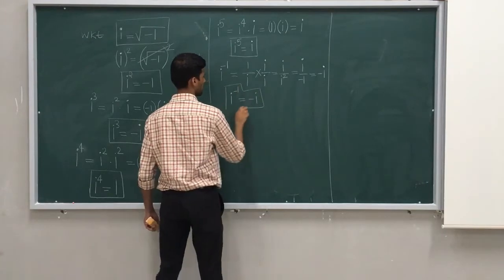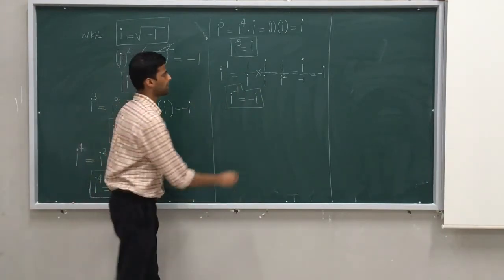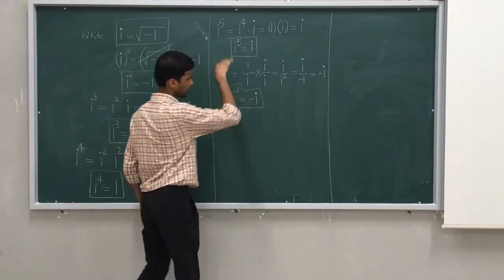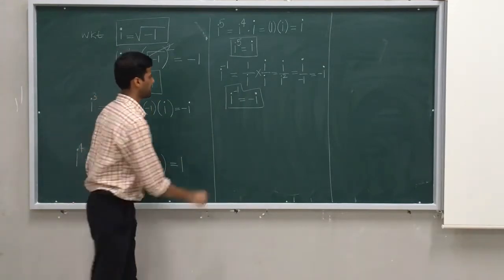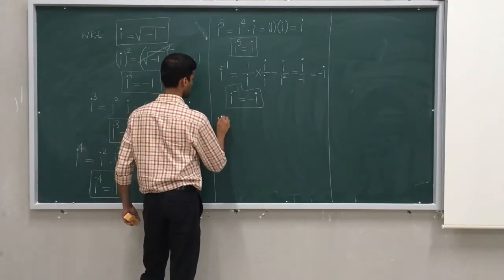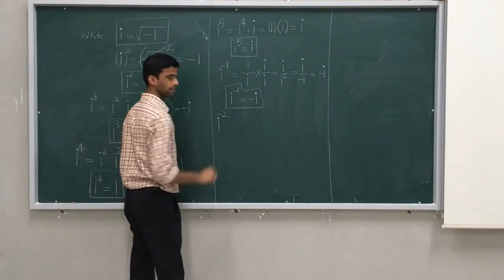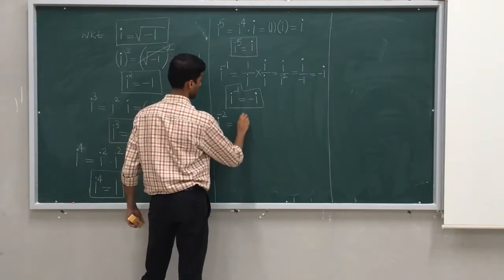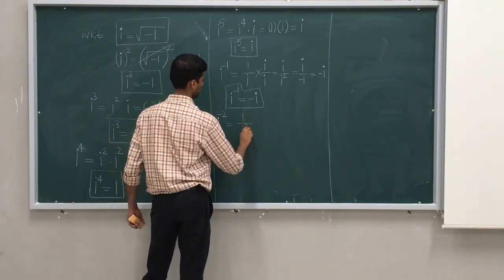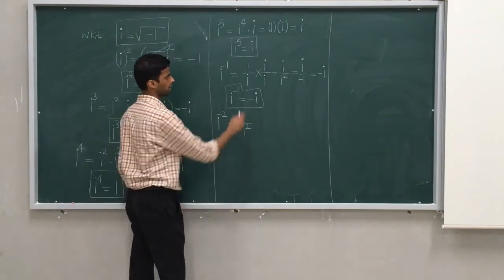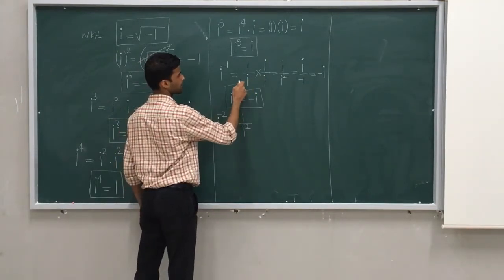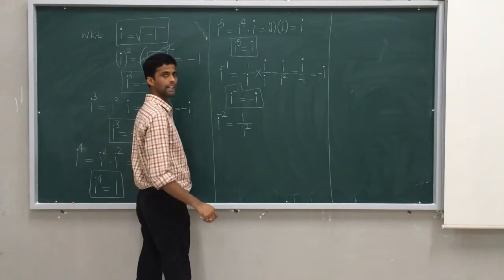Keep this in mind. It is possible because of the basics we did. Then similarly, if you have i to the power minus 2, write it as 1 by i square. I know i is root of minus 1.